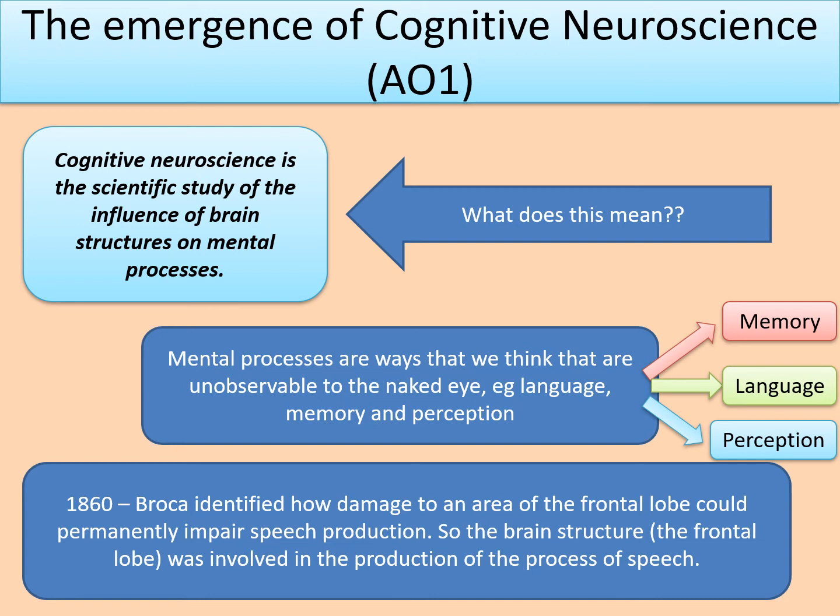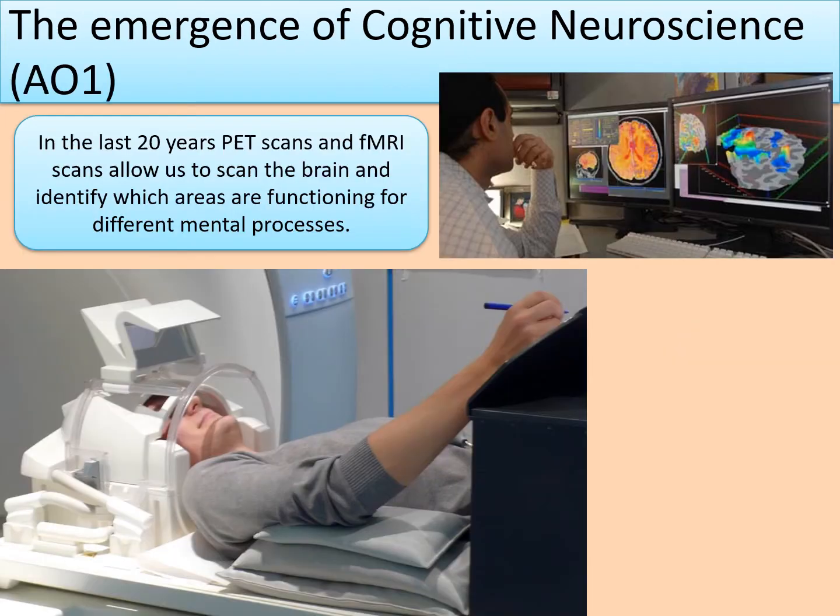And so that was before we had brain scanning technology. So people have always wanted to do it, but in the last 20 years we've had brain scanning technology such as PET scans and fMRI scans that allow us to scan the brain and identify which areas are functioning for different mental processes.